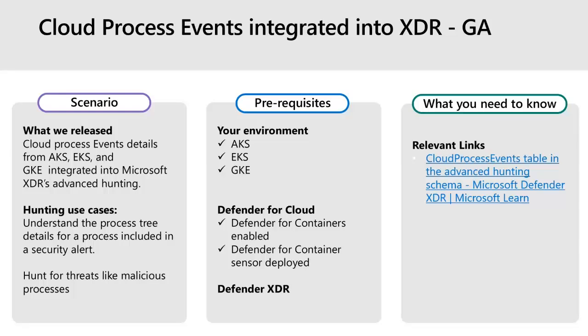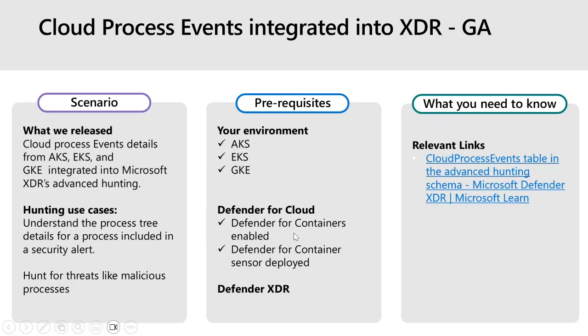The next feature that I wanted to talk about is the cloud process events, which are now integrated into the Microsoft XDR Advanced Hunting Portal. So the new cloud process events table contains the process information that is observed in multi-cloud hosted environments such as Azure Kubernetes Service, Elastic Kubernetes Service in AWS, and GCP Google Kubernetes Engine clusters as well.